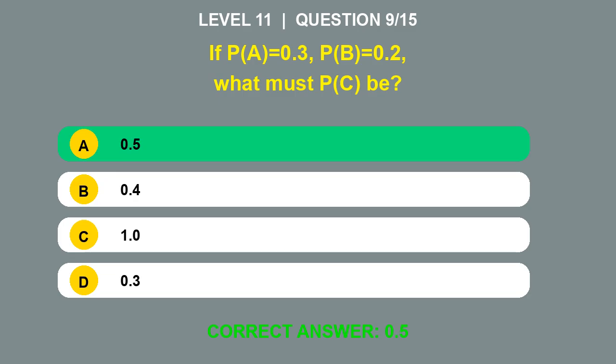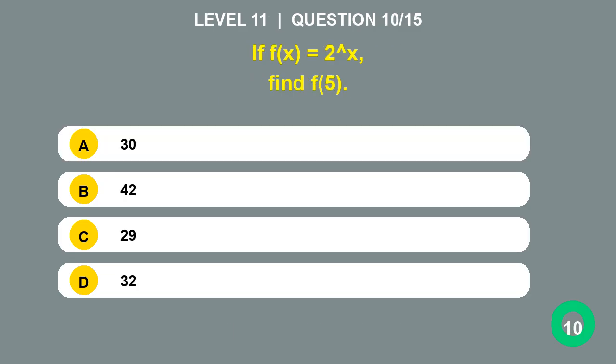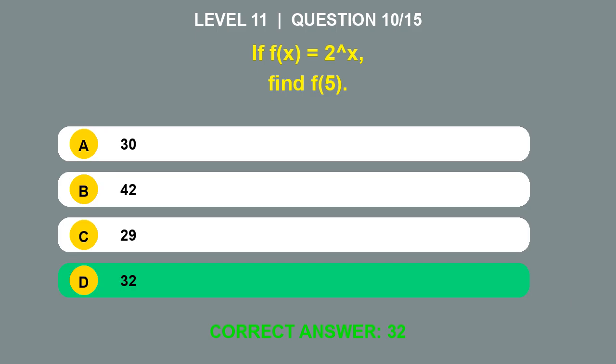Answer is 0.5. If f(x) equals 2 to the power of x, find f(5). Answer is 32.